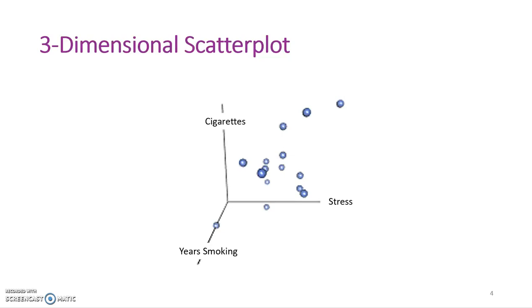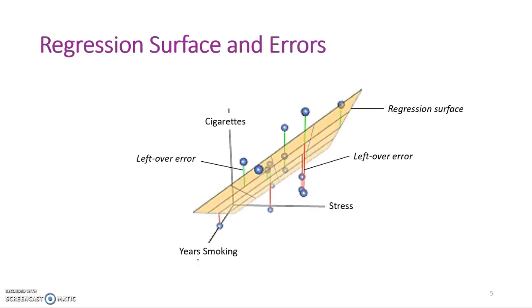Now, with a three-dimensional scatter plot, it's very hard to determine what, if any, relation among variables there might be. So it's a lot nicer for us to look at a scatter plot with a regression plane superimposed onto the data.